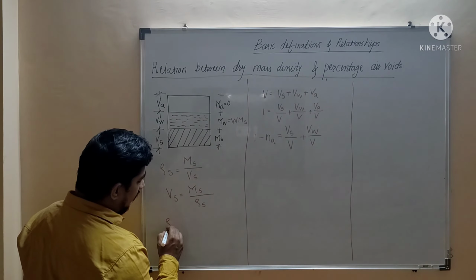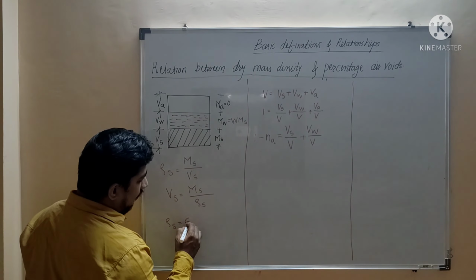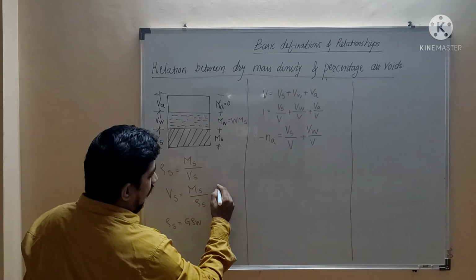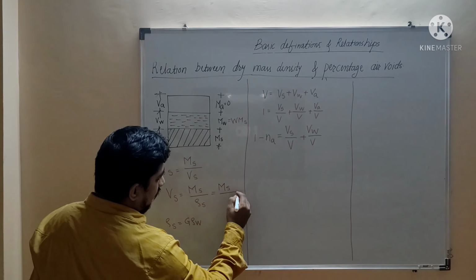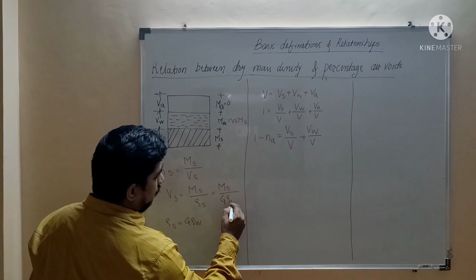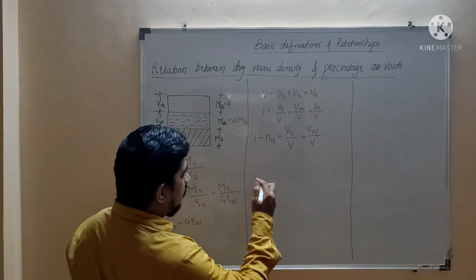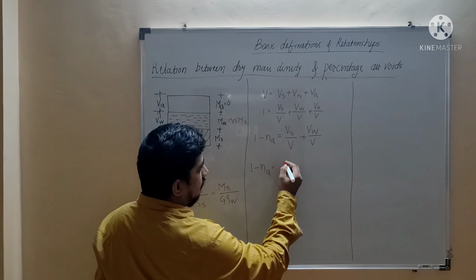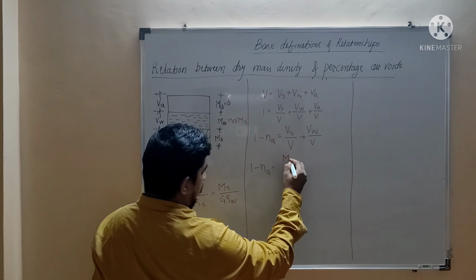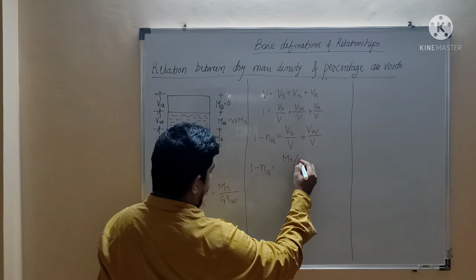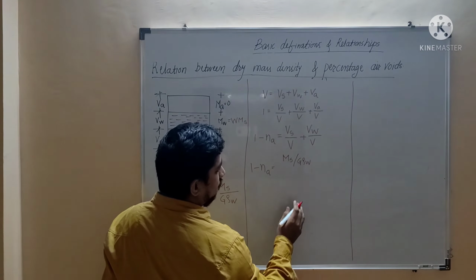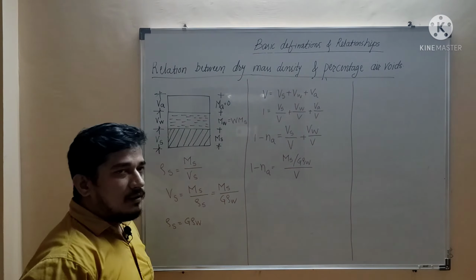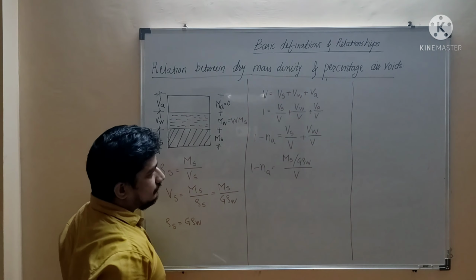This rho s can be simply written as G multiplied by rho w, so it will become Ms divided by G into rho w, divided by total volume V, isn't it?